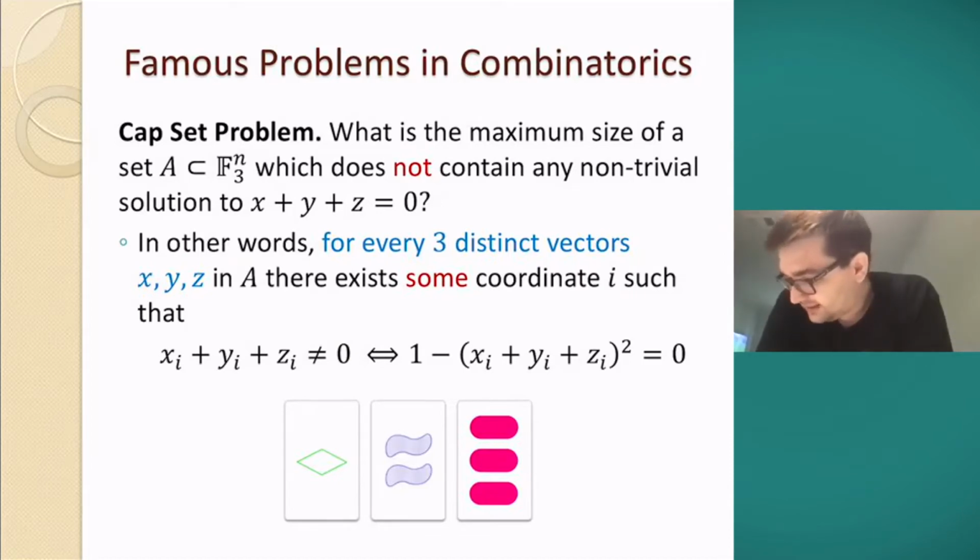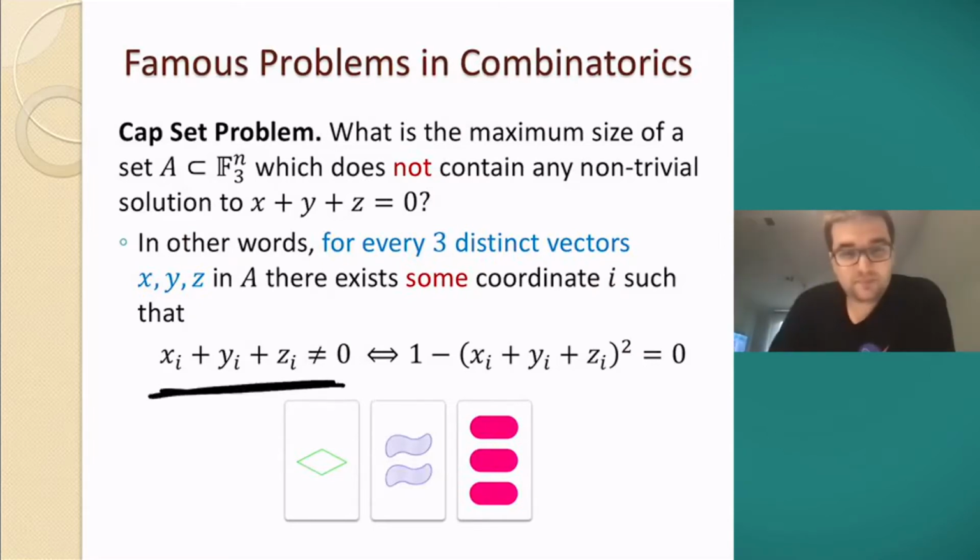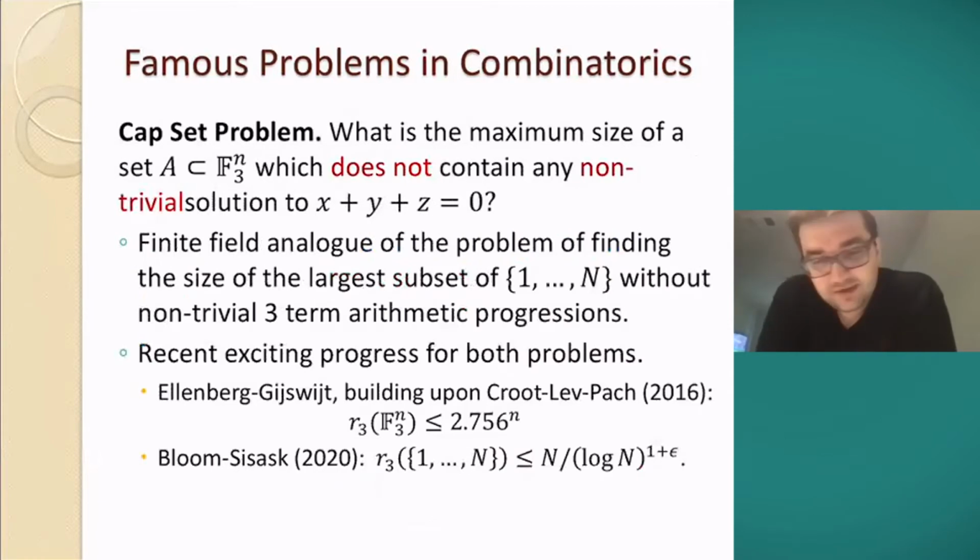Equivalently for us, this is perhaps best reformulated in terms of asking for a set A in F3 to the n to have this feature that there is some coordinate i for which the sum xi plus yi plus zi is non-zero, which can be picked up by a degree 2 polynomial that vanishes when you plug in xi, yi, and zi. And this was a valuable observation in recent work on this problem.